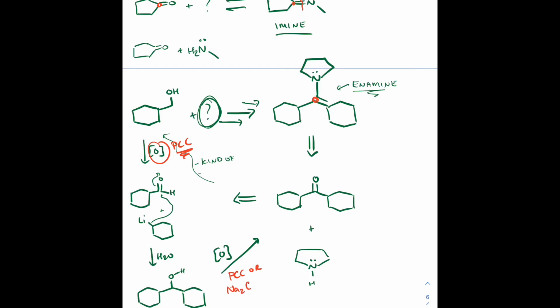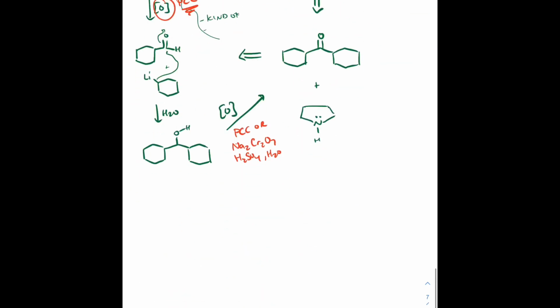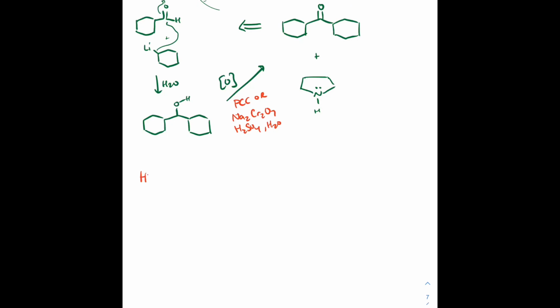And then for the second oxidation to get to a ketone, we can oxidize with PCC or sodium dichromate with sulfuric acid and water. It's just important to note that you cannot use any other reagent to oxidize other than the PCC initially. Okay, and so there you have it. There's our final product with a little bit of multi-step synthesis thrown into the mix.